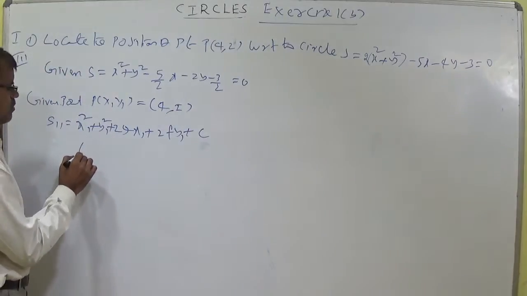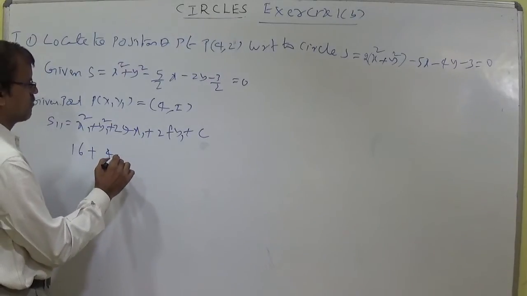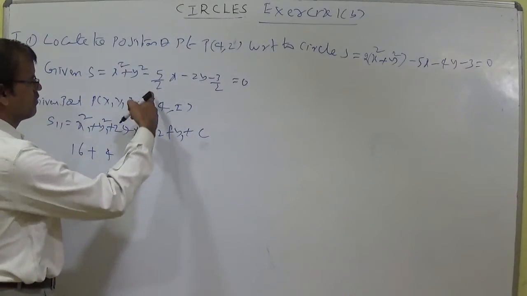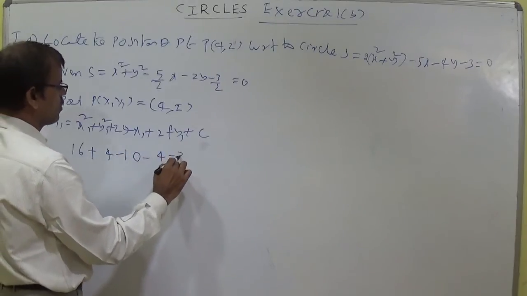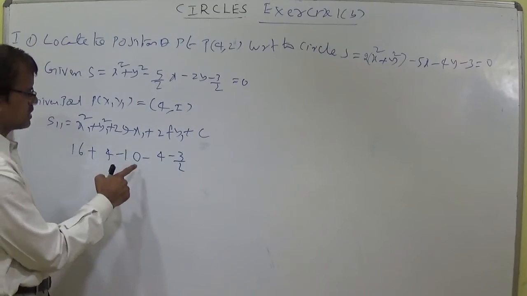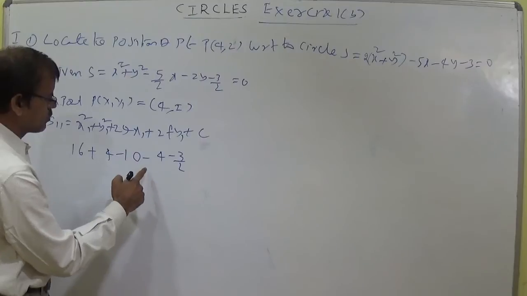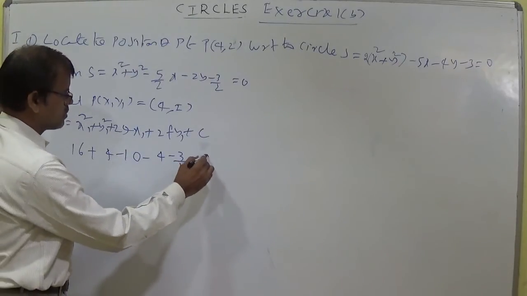Here 4 square means 16, plus 4, minus 5 by 2 times 4, which is 20 by 2, that is minus 10, minus 2 times 2 which is 4, minus 3 by 2. 16 plus 4 is 20, 20 minus 10 is 10, 10 minus 4 is 6, 6 minus 3 by 2 is 9 by 2.